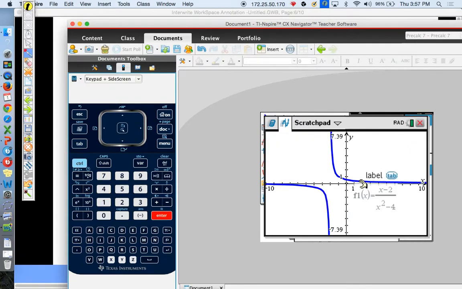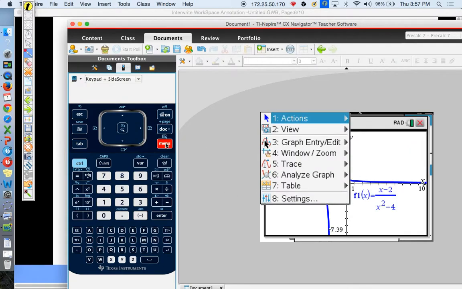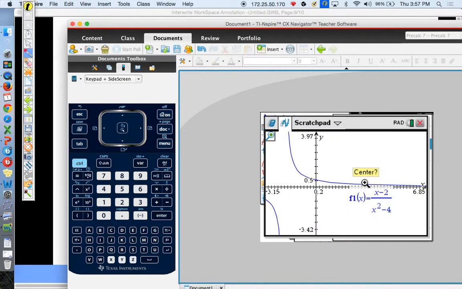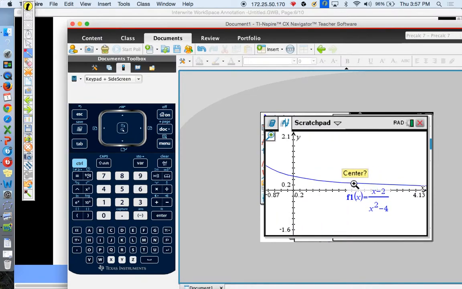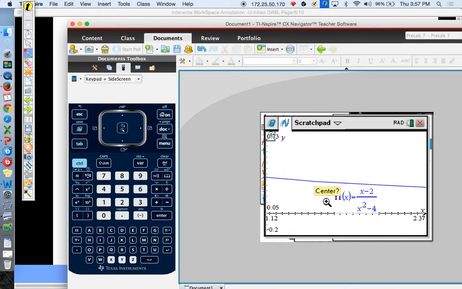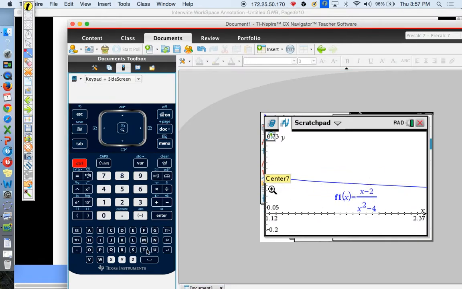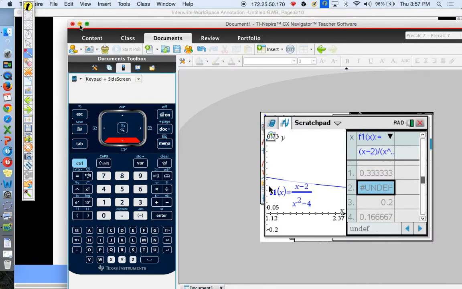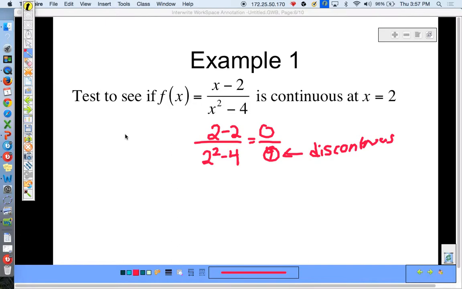It's tough to see that x equals 2 on the graph. I believe even if we were to zoom in there, it doesn't look like it's discontinuous. It looks at negative 2. But as we zoom, yeah, we still can't see that, but if we bring up the table, Control T, if we look at 2, it's undefined, and that's because there's a slight hole.